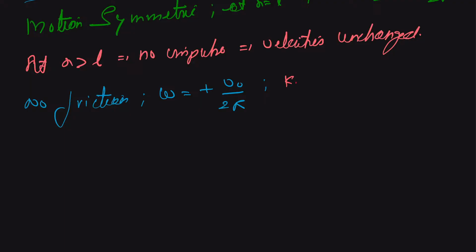So our rotational kinetic energy will be equal to m v naught square upon 8, because rotational energy is half I omega square. So that gives us m v naught square upon 8.